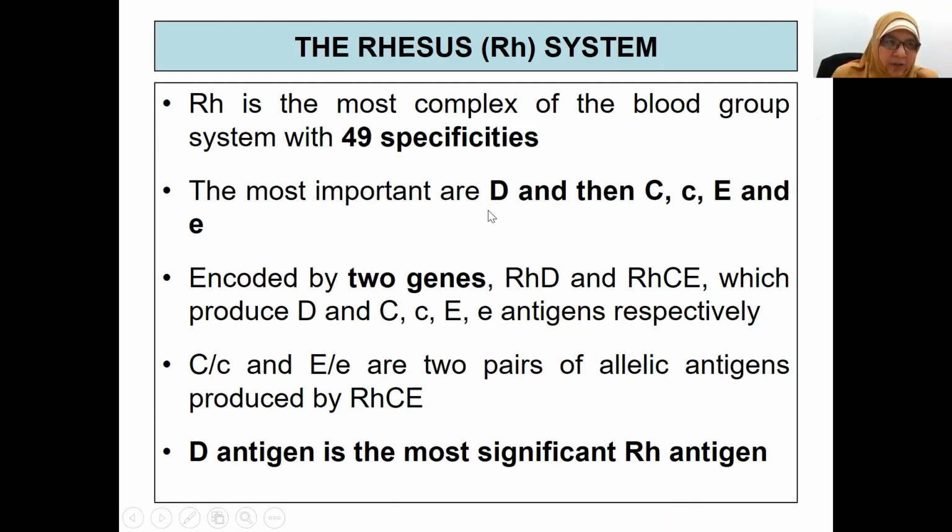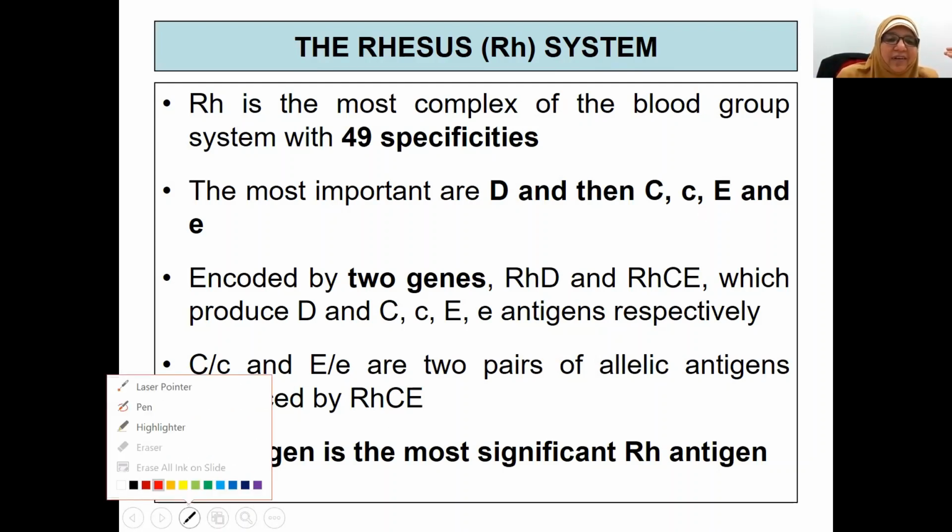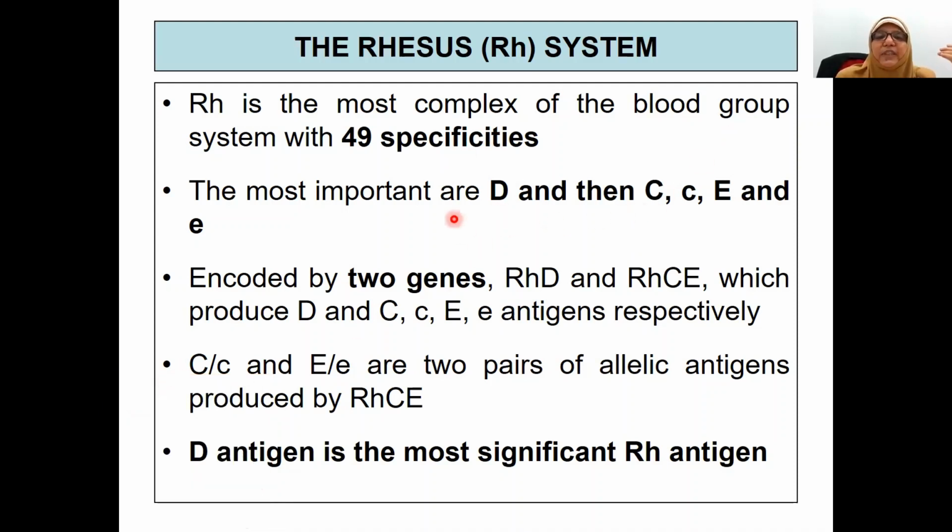So in the lab, once we have somebody who is D negative, we will also type for big C, little c, big E. The D, big C, big E we do routinely, but once you have a D negative, which is designated as small d, then we will also do all these.